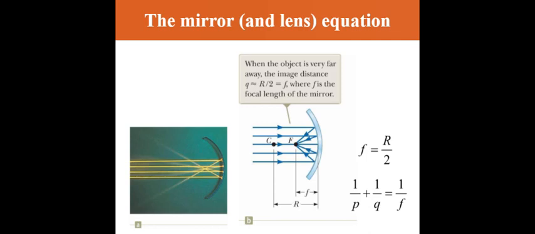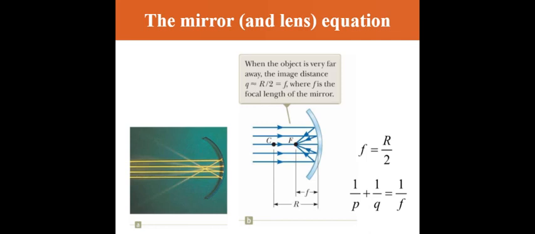Now, suppose that the object is so far away that all the incident rays are essentially parallel to each other, like what's being shown in figure B. If that happens, all the rays will come in parallel to the axis of the mirror, and they will all reflect through a point that's halfway between the mirror and the center of curvature.